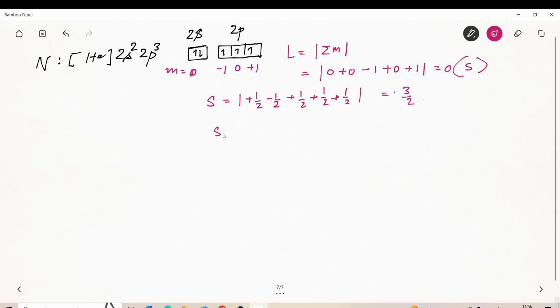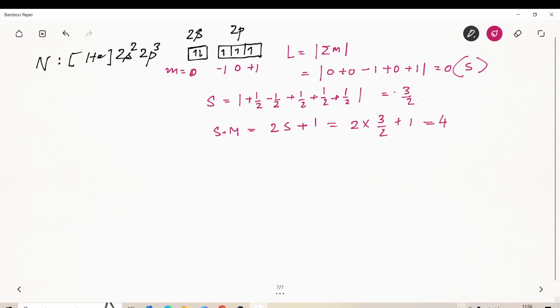So what is the spin multiplicity? Spin multiplicity is twice S plus 1. So this equals 2 into 3/2 plus 1, so it is 4. Quartet state. So 4 means it is the quartet state, right?